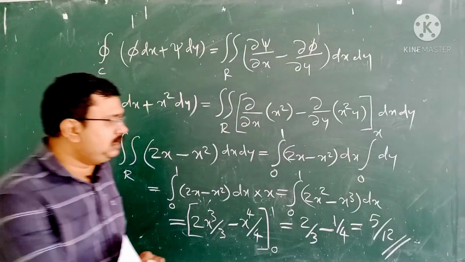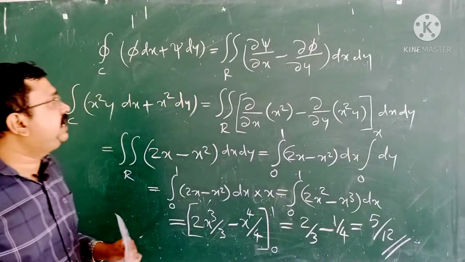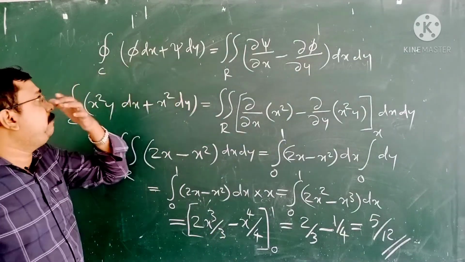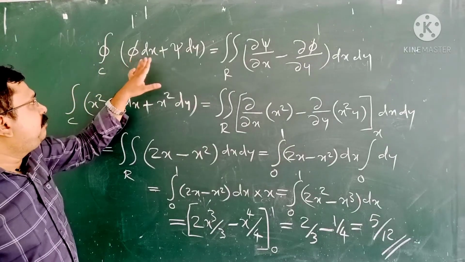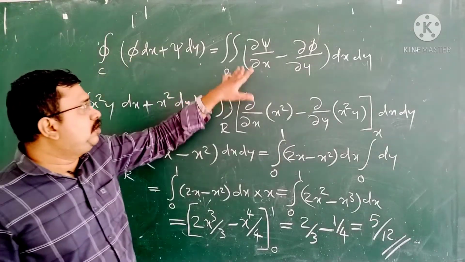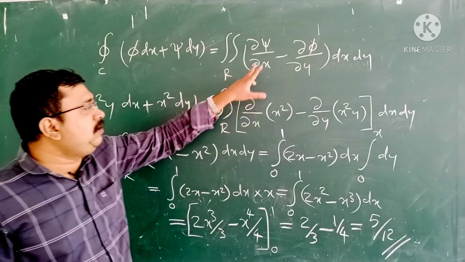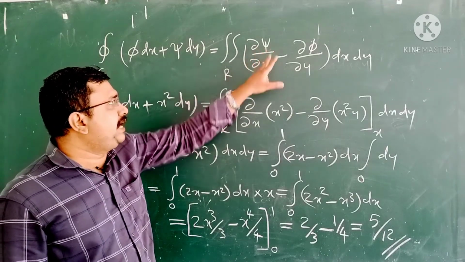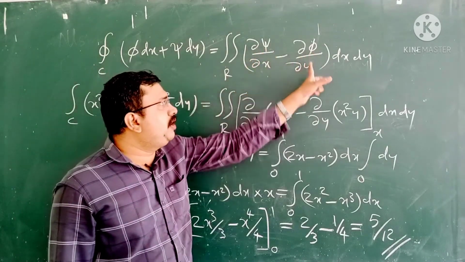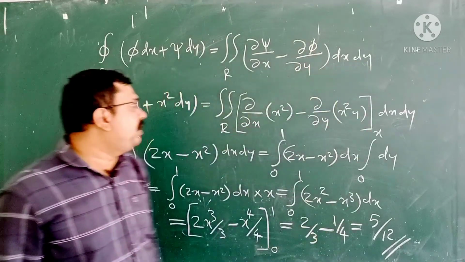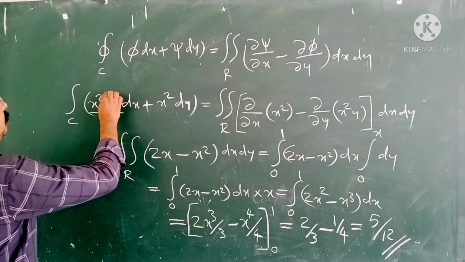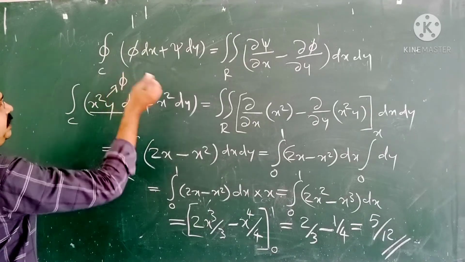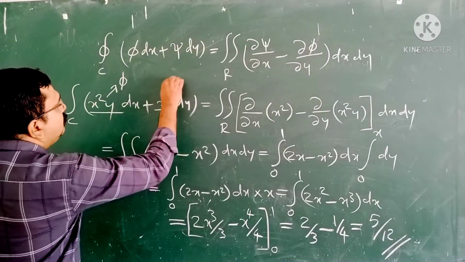Okay, please write down. Remember that here we are applying Green's theorem. According to Green's theorem, circular integral over C phi dx plus psi dy equals double integral over R dou psi by dou x minus dou phi by dou y dx dy. Here this term is our phi and this term is our psi.